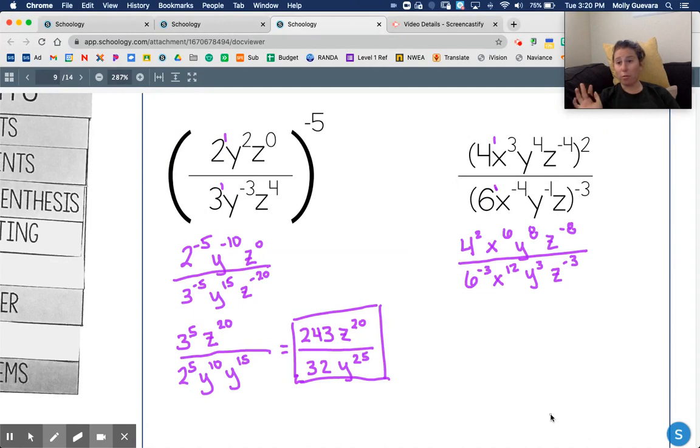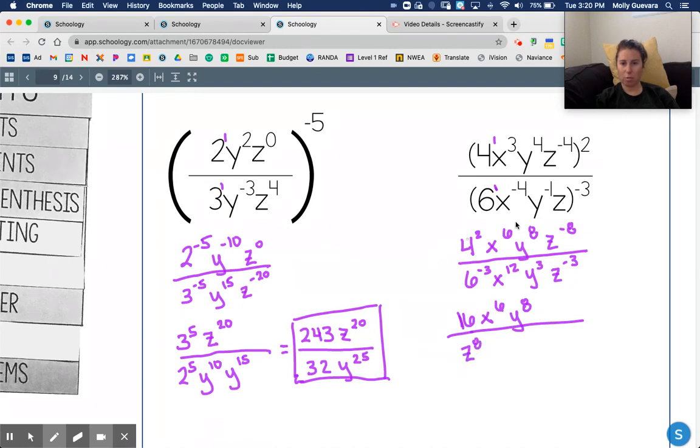So I'm going to go through and I'm going to get rid of all my negative exponents first. So 4 squared is 16, so that can stay on top. X to the 6th stays on top. Y to the 8th stays on top. And z to the 8th goes to the bottom.